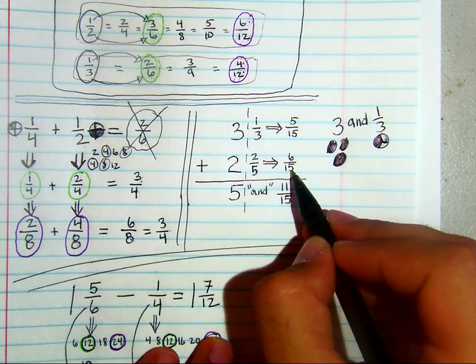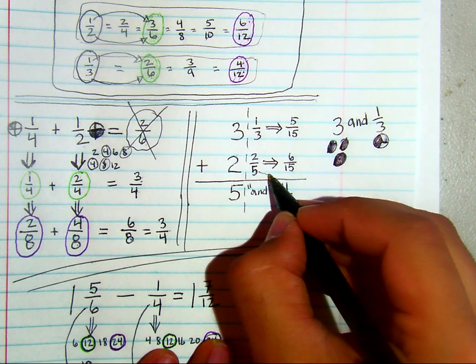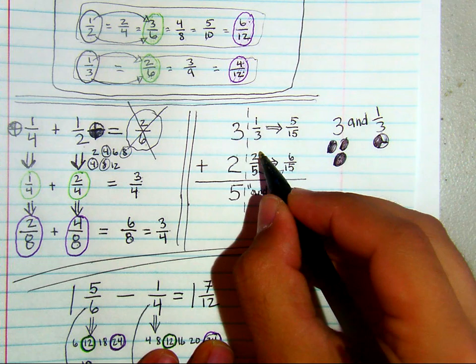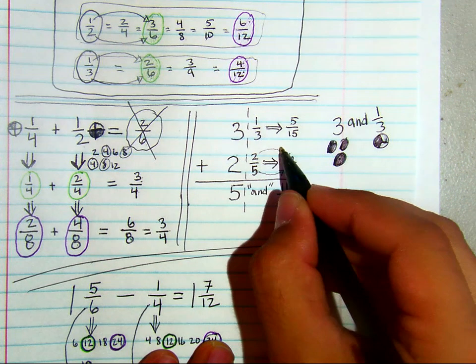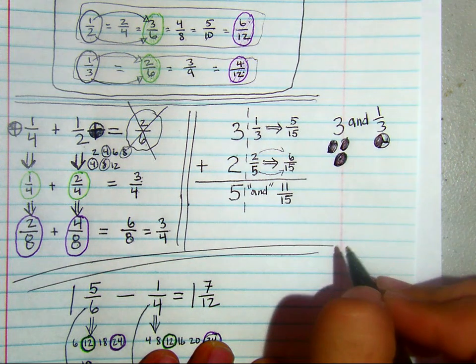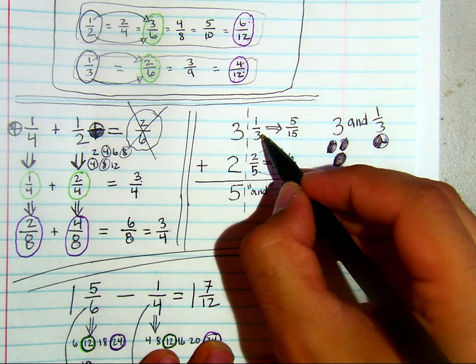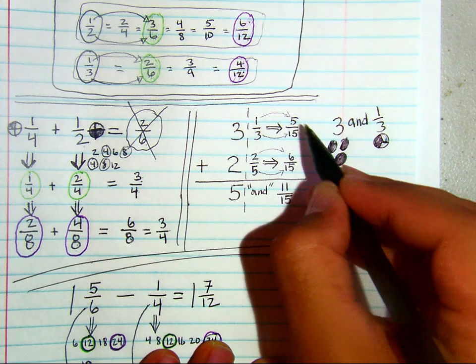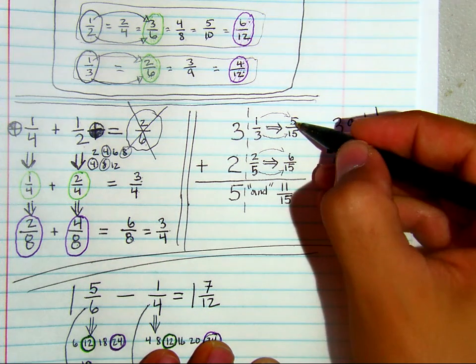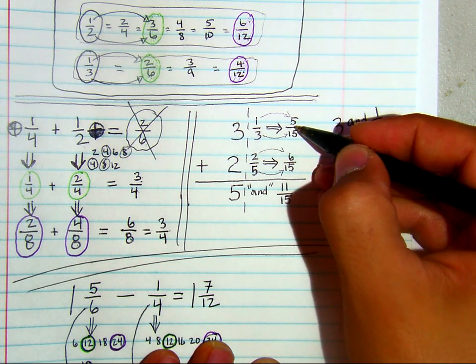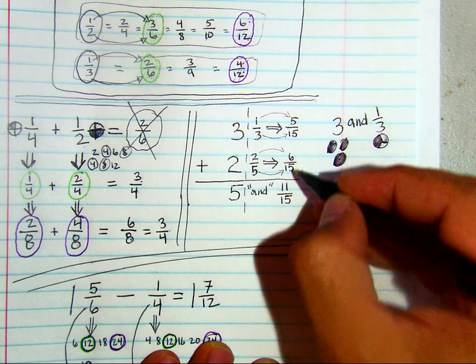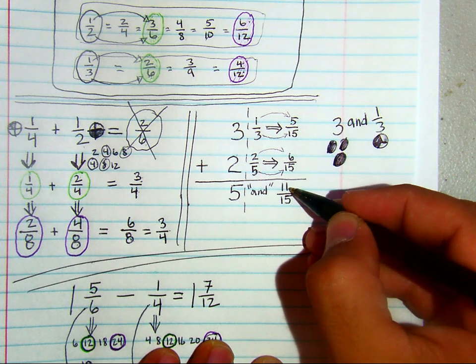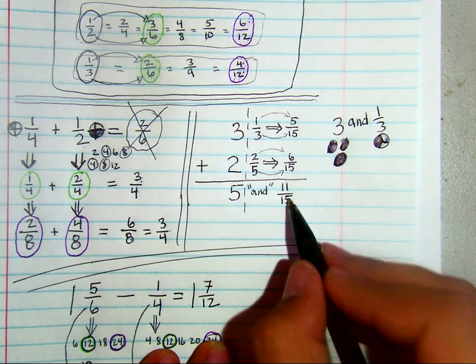The 5 is being multiplied 3 times, so the numerator, the 2, will be multiplied 3 times. And up here, the denominator is being multiplied 5 times, so the numerator is going to be multiplied 5 times. When we add 5/15 and 6/15, we naturally get 11/15. So the answer is 5 and 11/15.